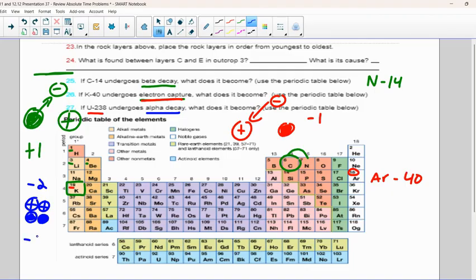And we're going to subtract 4 from the mass because each one of these nuclear particles have mass. So if I'm at U right here, 238, it's going to go down to an atomic number, and it's going to become thorium. And its mass is going to go from 238 to 234.